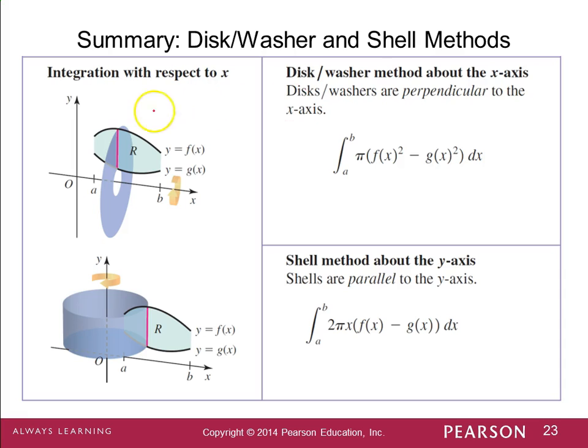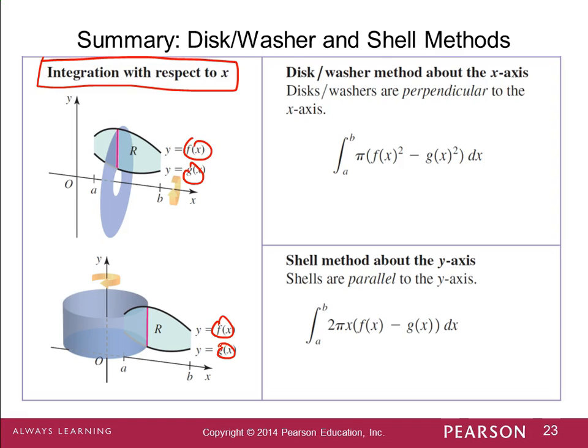So the first, if we are integrating with respect to x, so that means that we're given a function of x and a function of x. All right? And so it's easy to leave it like that, or we just don't want to solve for a function y, or maybe it's not even possible to solve for a function of y.